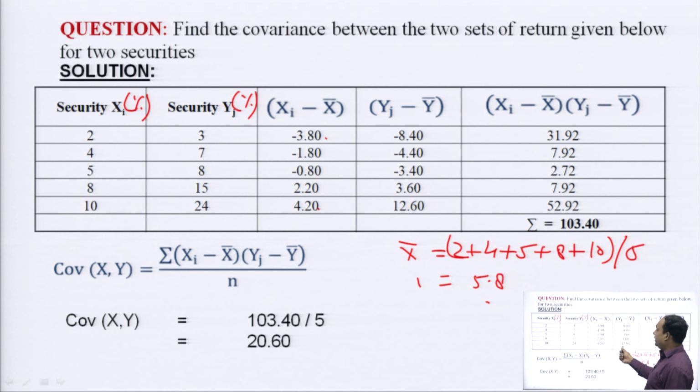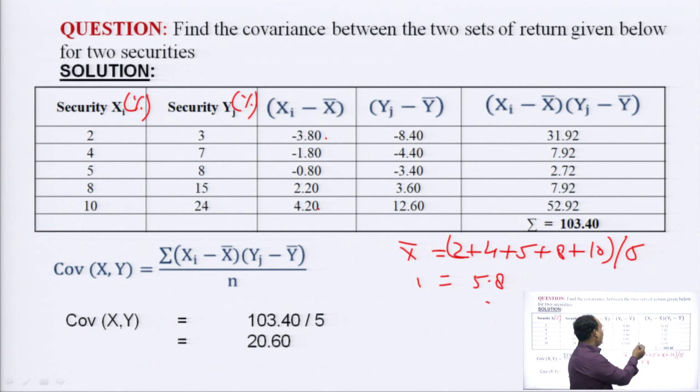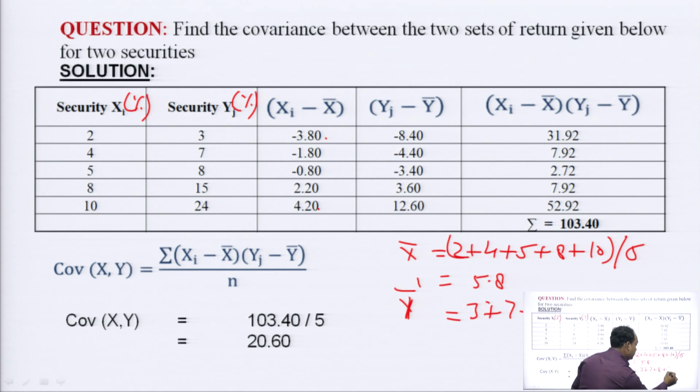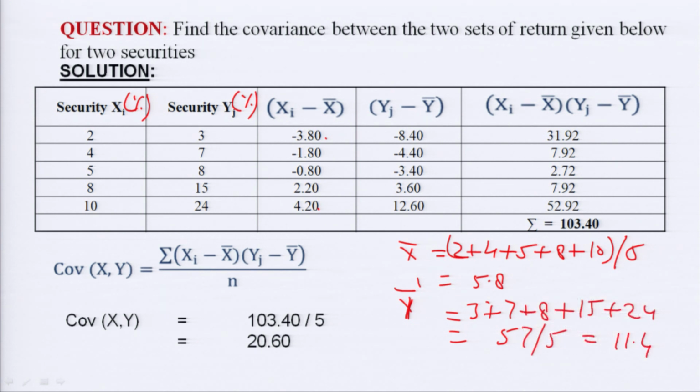Same for y. The mean value of security y, y bar, is equal to 3 plus 7 plus 8 plus 15 plus 24, which is 57, divided by 5, equal to 11.4.